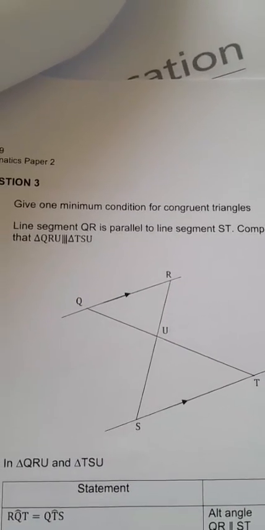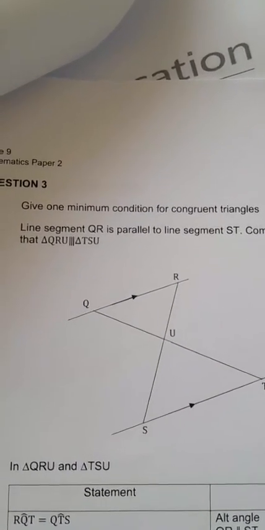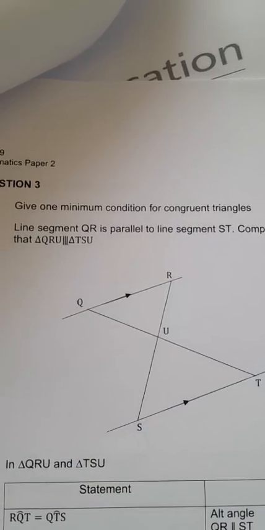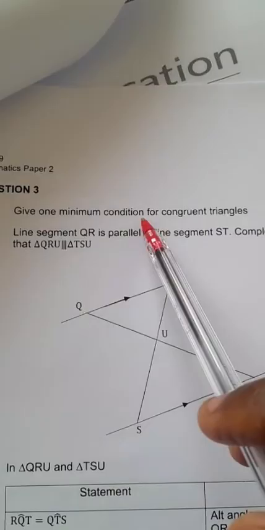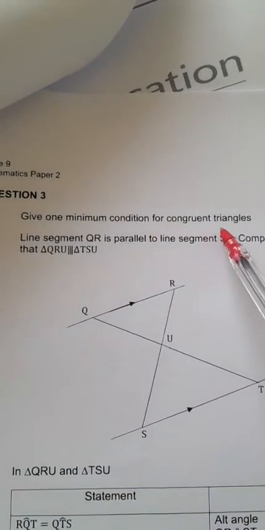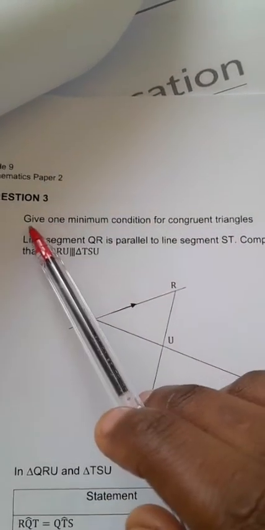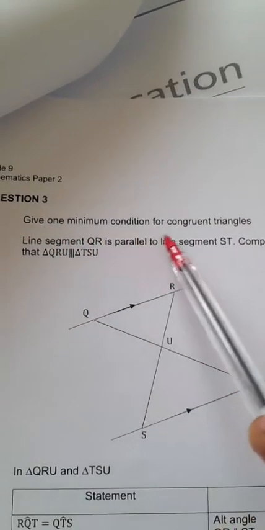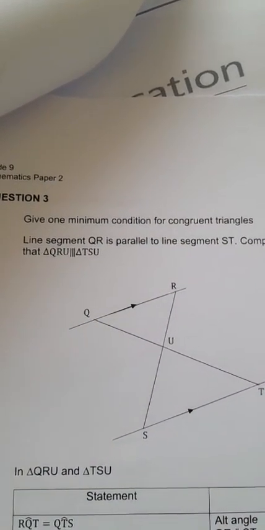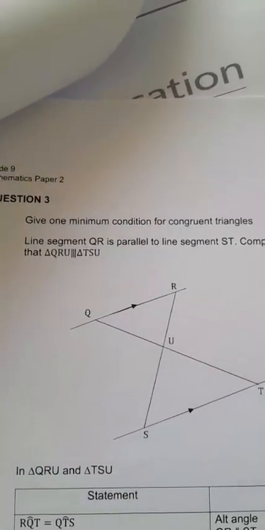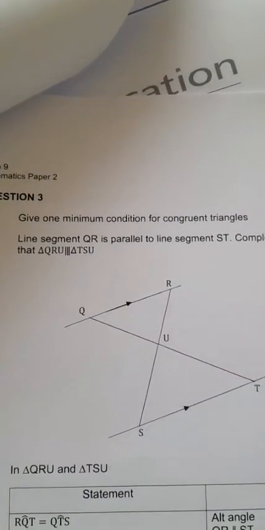Their angles are the same and their sides are the same. All right. So if you're going to ask me to give one minimum condition for congruent triangles, I could basically say when all three sides are the same. Okay, when all three sides are the same, or in other words, when all three sides are equal.